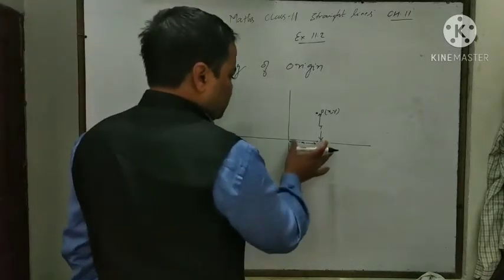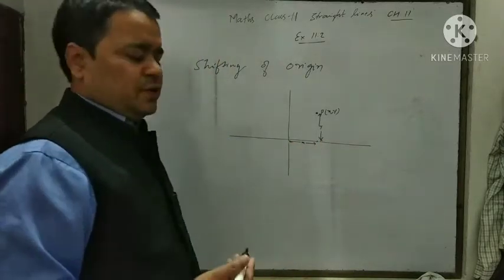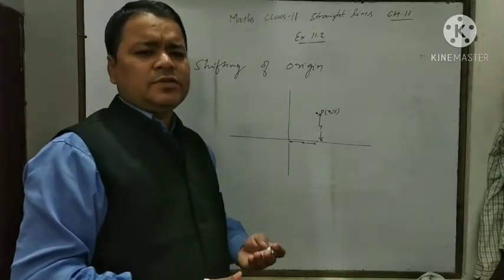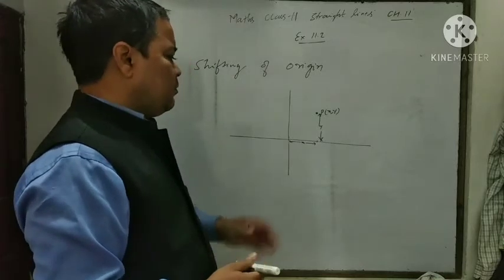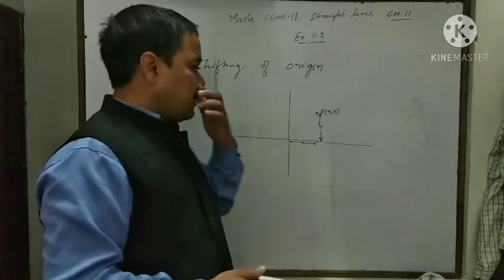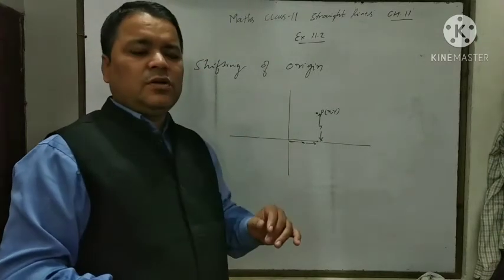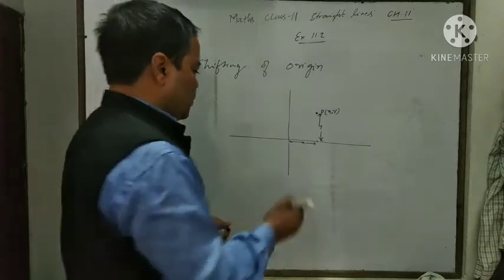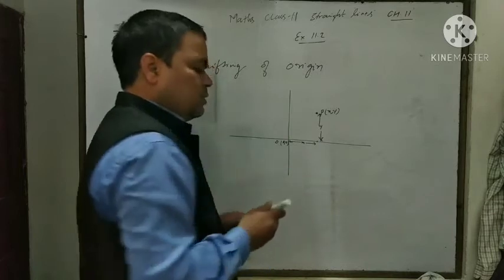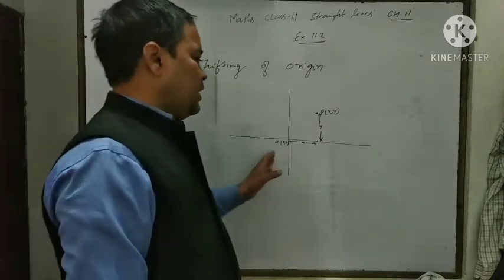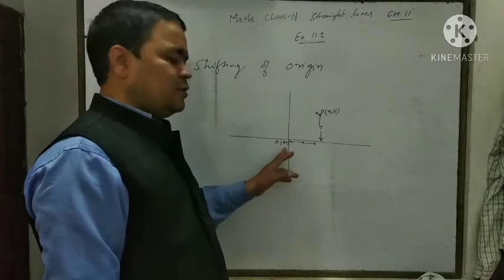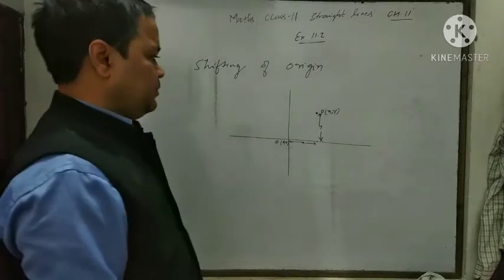Now what happens if we shift the origin? What is the meaning of shift of the origin? You know what the origin is? Origin is the point of intersection of the horizontal line, which is called the x-axis, and the vertical line, which is called the y-axis. This is the origin O and its coordinate is (0, 0), because the distance covered in the x-axis and y-axis is 0.